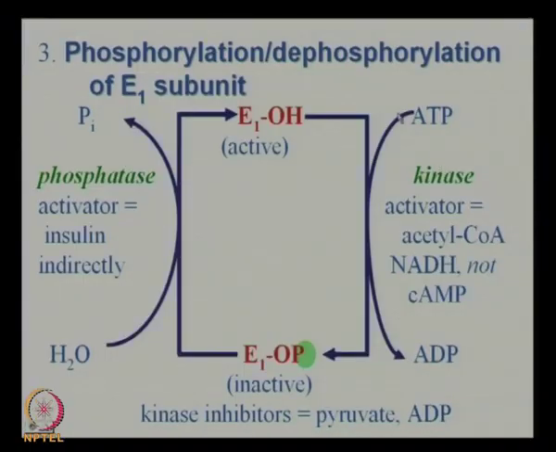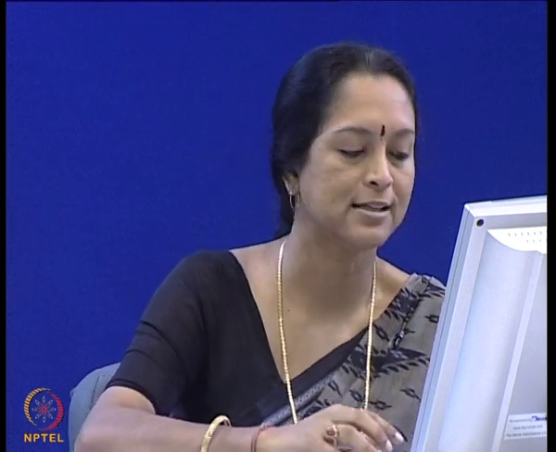This kinase enzyme transfers the phosphate group of ATP, the triphosphate, which becomes diphosphate, and the enzyme is phosphorylated. When it is dephosphorylated, it is once again active. In this way the active and inactive forms go on inside the cell depending upon the need and requirement of this particular product in the cell.